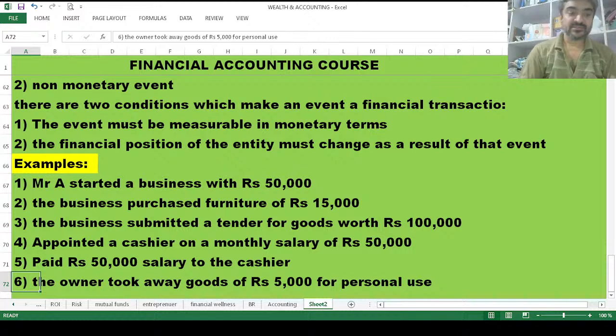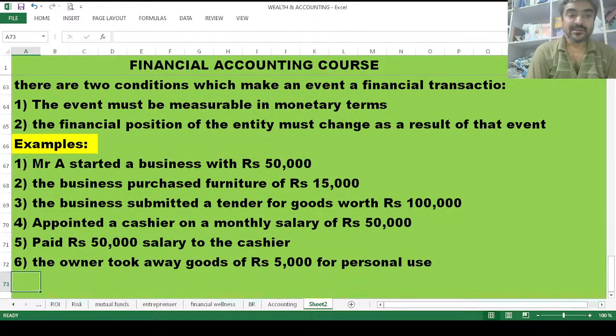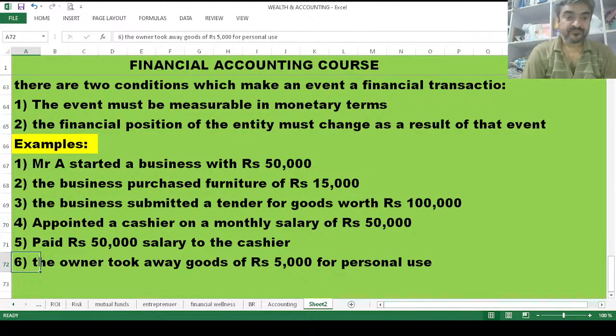This transaction qualifies on the definition of financial transaction as it has a monetary aspect and the financial position of the business is changed because the goods have gone out of the business.